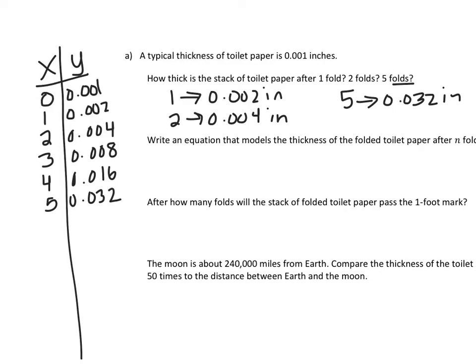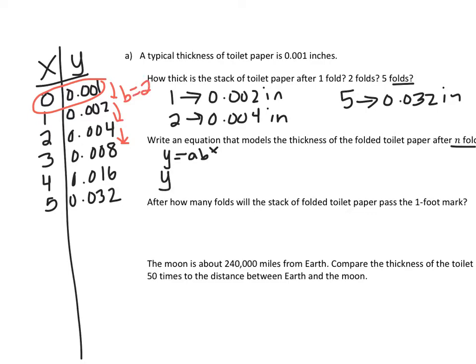Now it wants us to write an equation that models the thickness of the folded toilet paper after n folds. So we're using the variable n. We're going to use our equation, y equals ab to the x. We know our starting value is 0.001. We also know the b value, since it doubles each time, b equals 2.